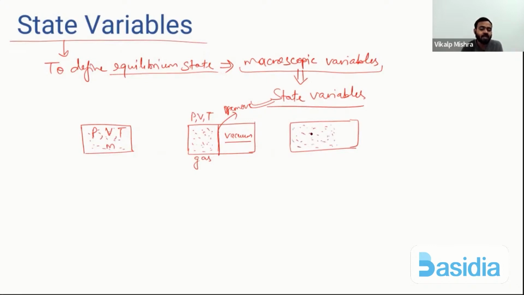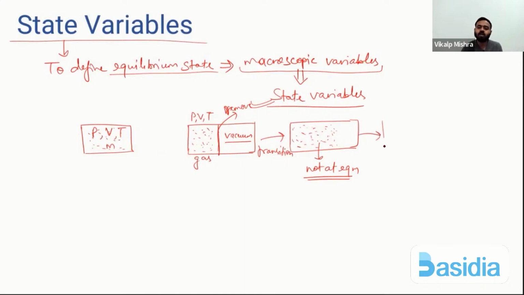While these gas particles are filling this vacuum, we can't define any particular pressure, any particular temperature, or any particular volume of the gas, because the system is not at equilibrium. The system is in a transition state. ट्रांजिशन स्टेट मतलब बदल रहा है, बहुत कुछ उसमें चेंज हो रहा है.